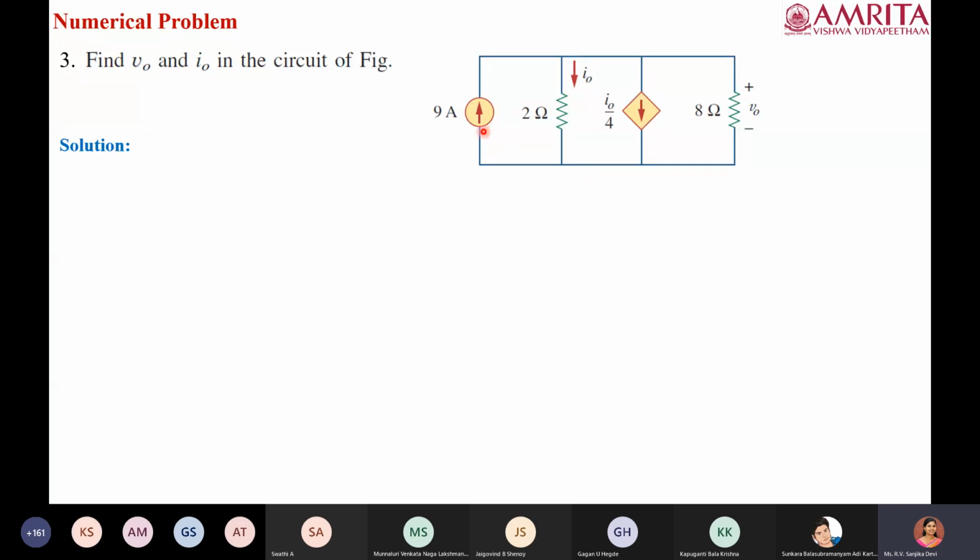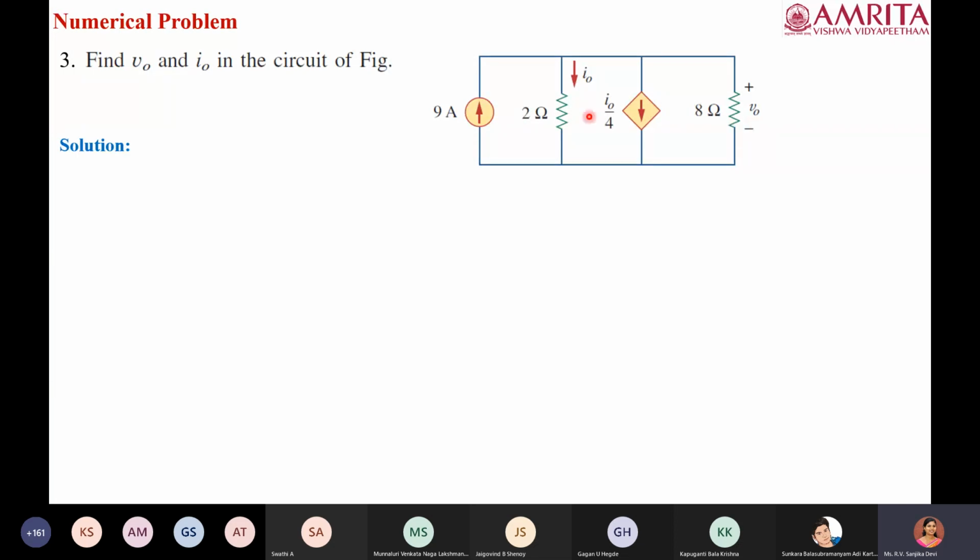Okay, so right now we have one independent current source, 9 ampere, and one dependent current source. It is a current dependent current source, and we have two passive elements, 2 ohm and 8 ohm, and the voltage drop of V0 is present across this 8 ohm. Now what we have to understand here is, since all the elements are in parallel, the same V0 is going to appear across all the elements.